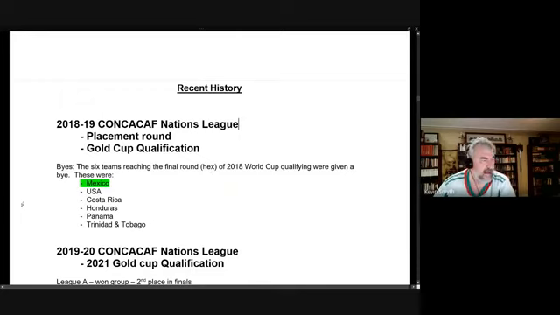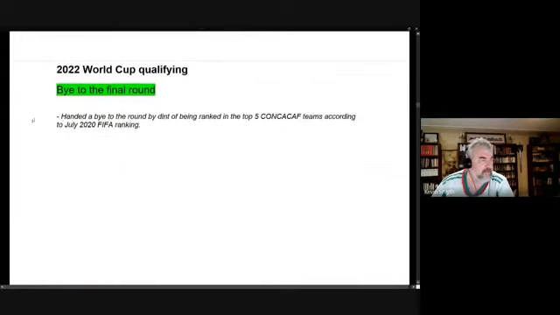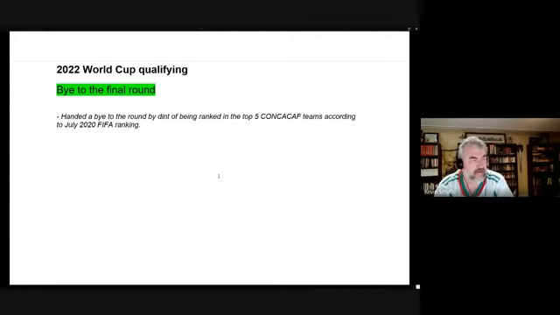They received a bye into League A and into the Gold Cup 2019. In this case, it was a little different. It was just by dint of being ranked in the top 5 CONCACAF teams, according to the July 2020 FIFA rankings. So a lot of people considered that quite unfair, as did I.